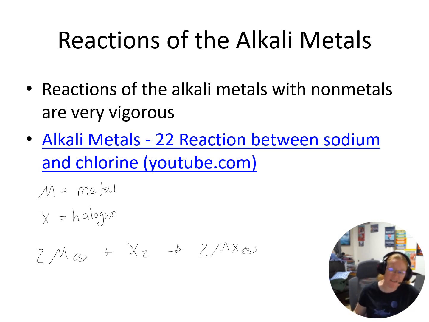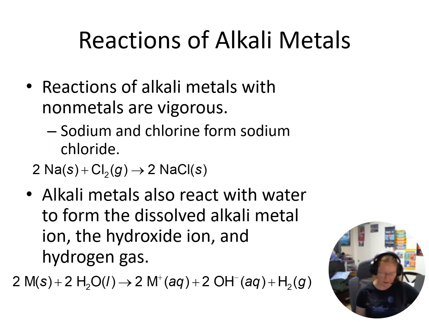Now, I did not put a state label next to my generic term for the halogen. Anybody know why? Because the halogens at room temperature are in different states. There's a couple that are gases, one that's a liquid, and one that's a solid. So I left the state label off on purpose because my halogens can be in different states.